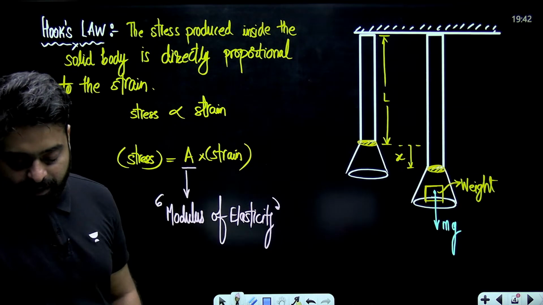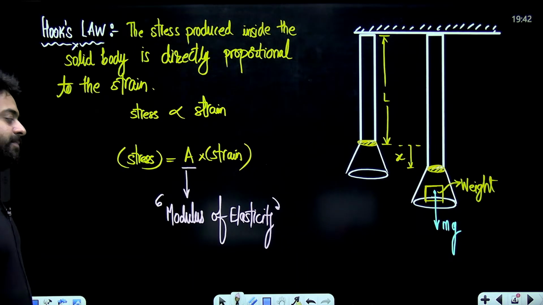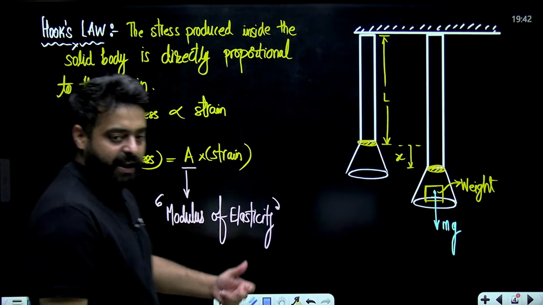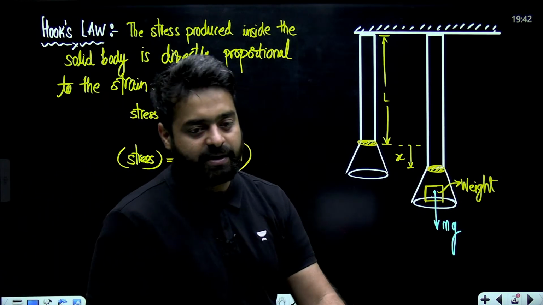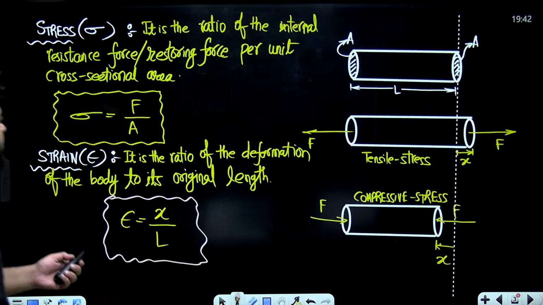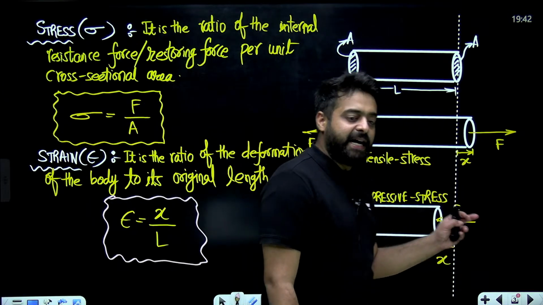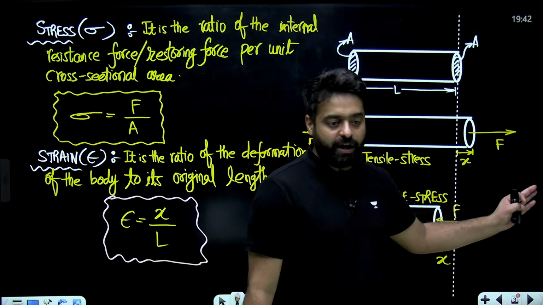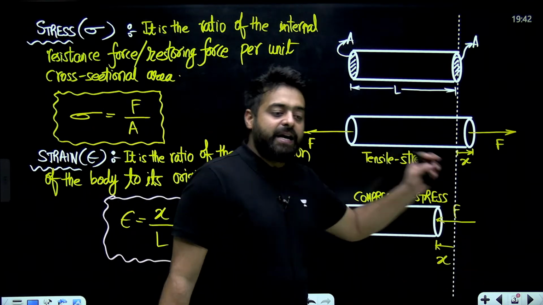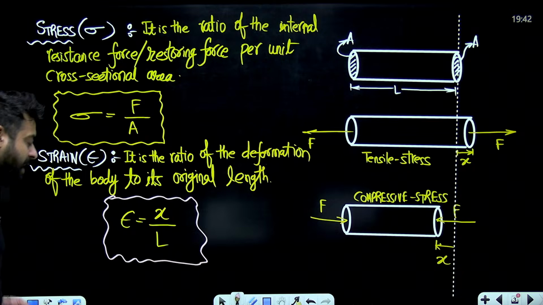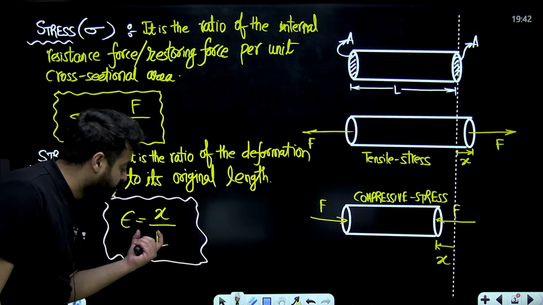Strain, in short, is very simple. It comes later in detail also, but for your understanding, whenever you apply any type of force on a body, it will get deformed due to that force. When it gets deformed by some value x, you should always understand the concept of strain, because it is the deformation with respect to its original length.